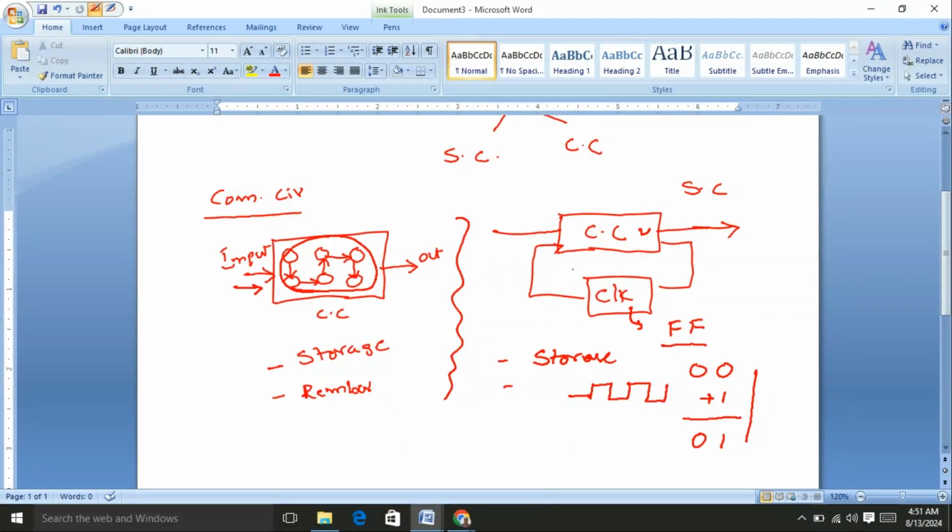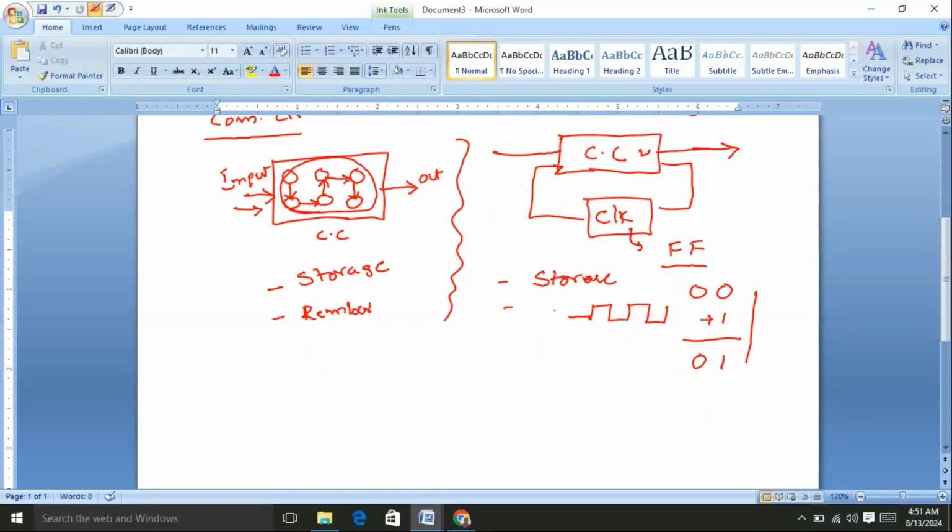I hope you can understand the basic difference between sequential and combinational circuits. Simply, once again I write that a sequential circuit is the combinational circuit plus clock. By combining combinational circuits and clock, we get the sequential circuit.